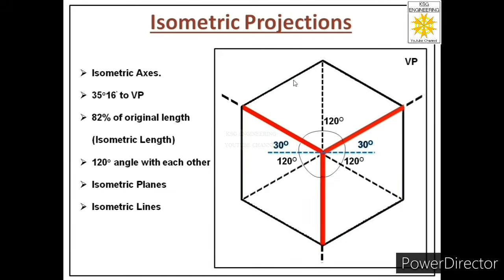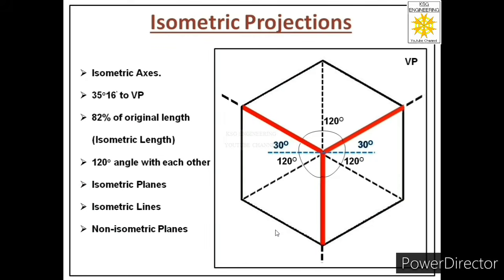So this will be an isometric line. Similarly, this edge or this line is parallel to this isometric axis. So this is also an isometric line. Similarly, this line is parallel to this edge. So this is also an isometric line. So any line or edge in the object which is parallel to any of these three isometric axes will be termed as an isometric line.